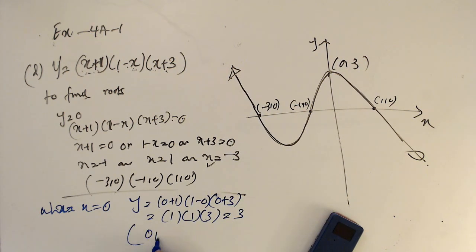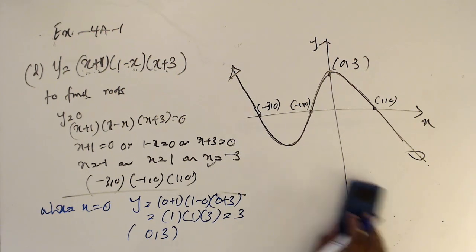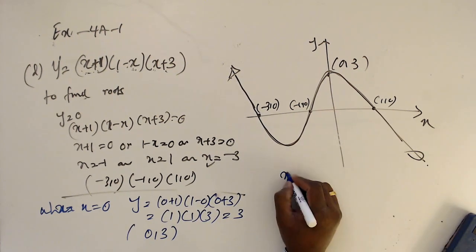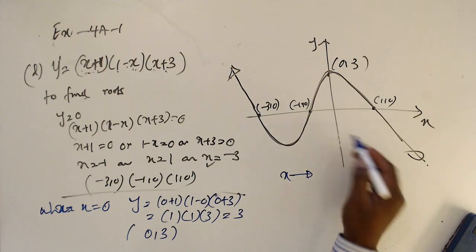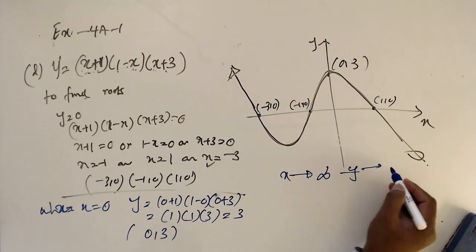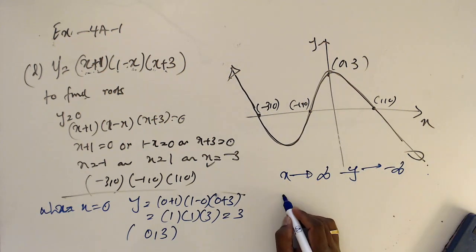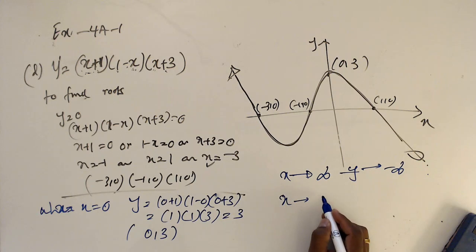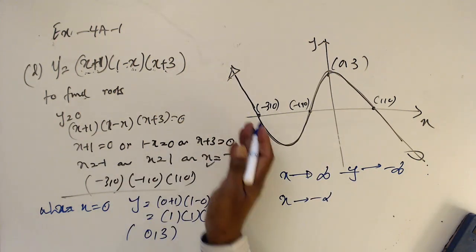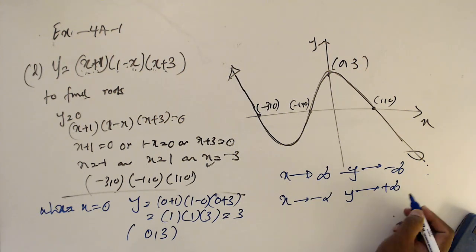So this is 0, 3. Then we have to write that when x goes to positive infinity, y goes to negative infinity, and when x goes to negative infinity on this side, y goes to positive infinity.